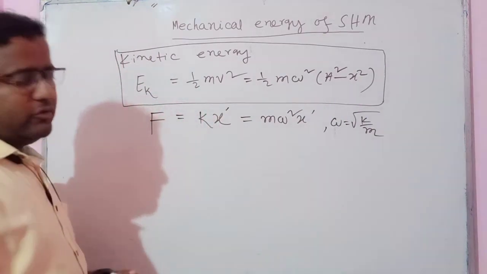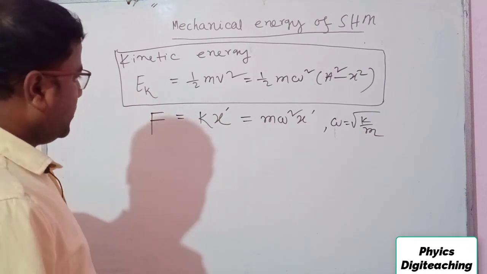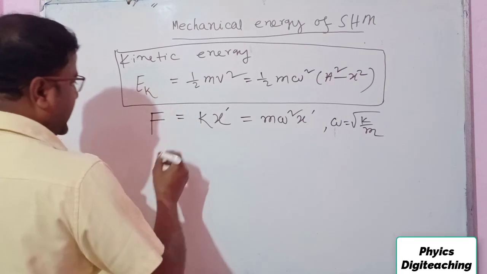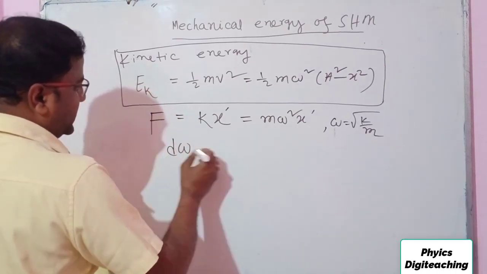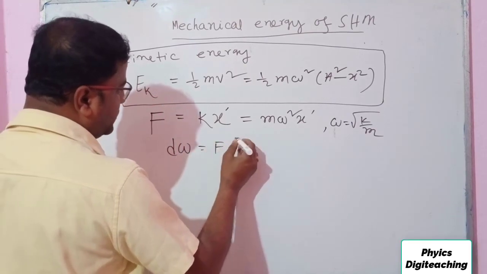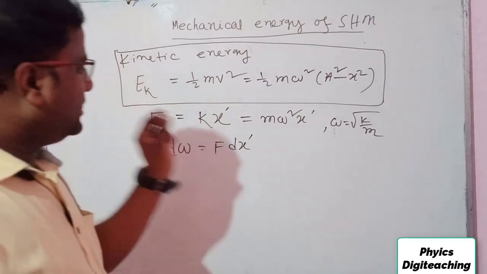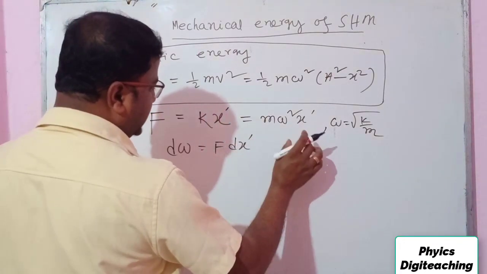Now if we displace the particle from its position of equilibrium by an amount dx dash, then we get the work done by this force, F dx dash. We take here the infinitesimally small displacement dx dash.